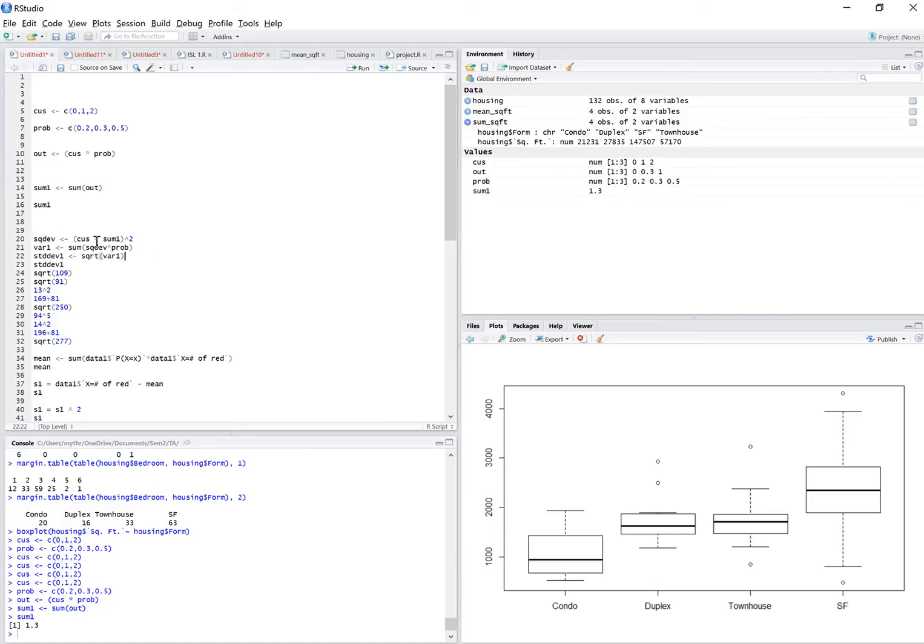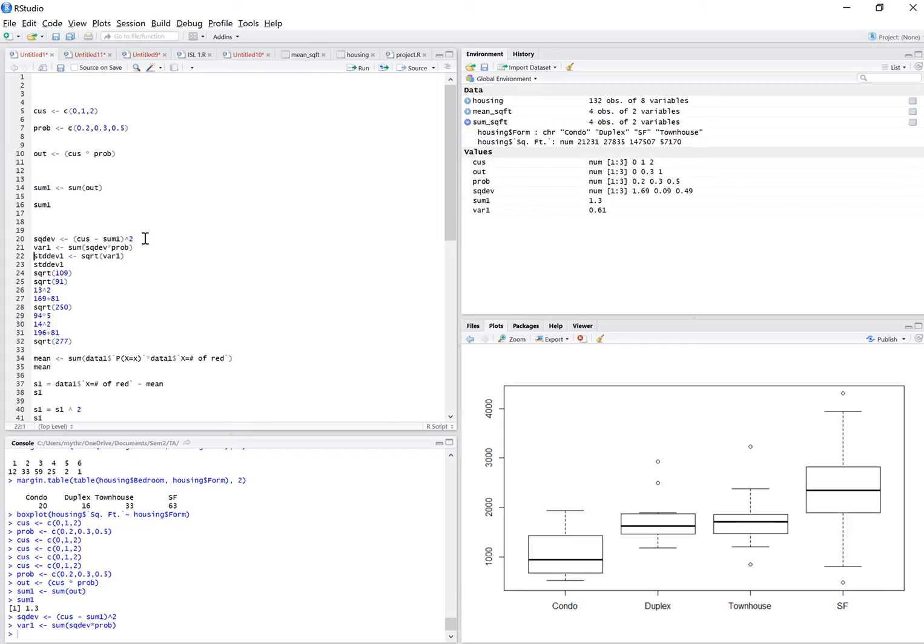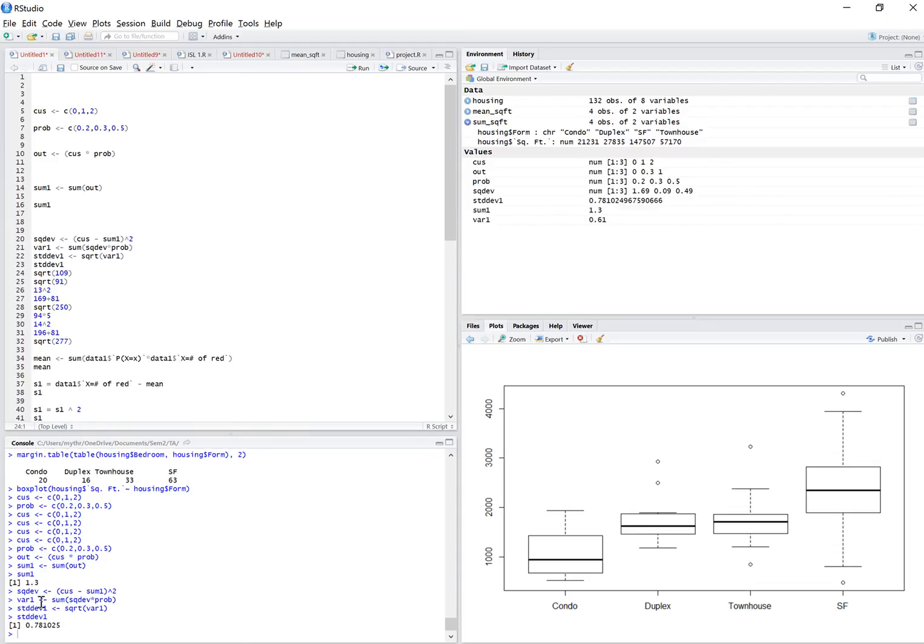The sum of these values will give us the variance, and to find the standard deviation, we just take the square root of this variance. So for this particular event, the standard deviation is 0.78.